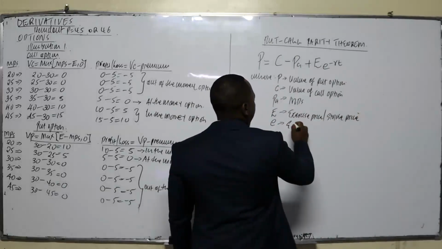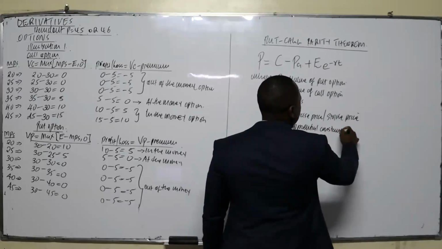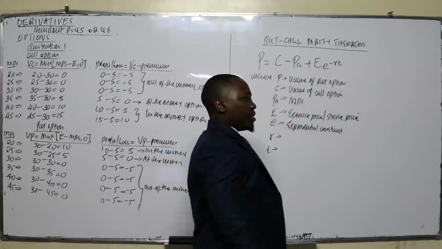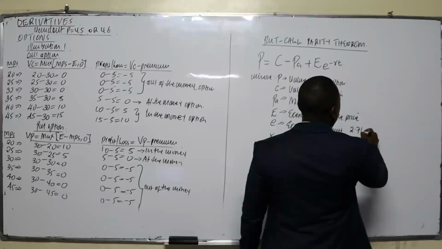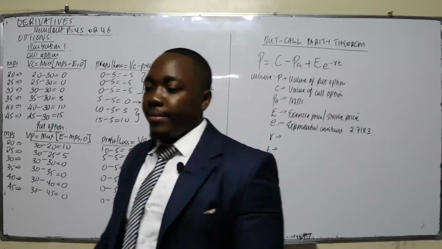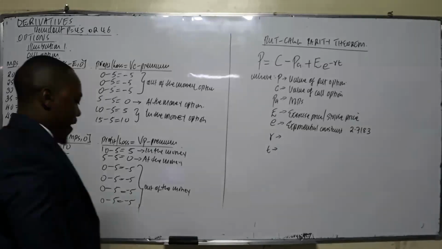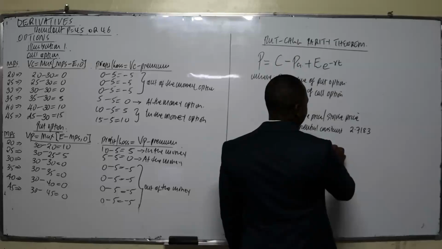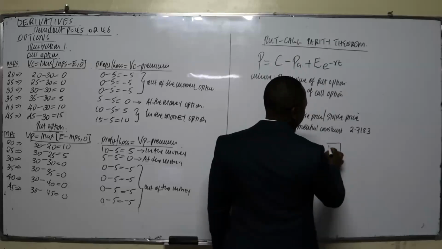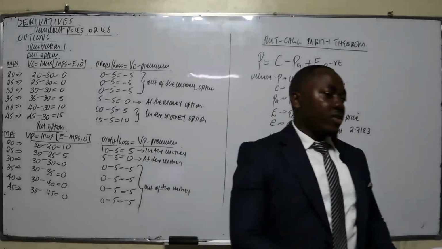E, this is the exponential constant, which is 2.7183. Now take out your calculator. How do you get the exponential constant? Press shift, natural log. The button is written like this. This is what we call natural log.